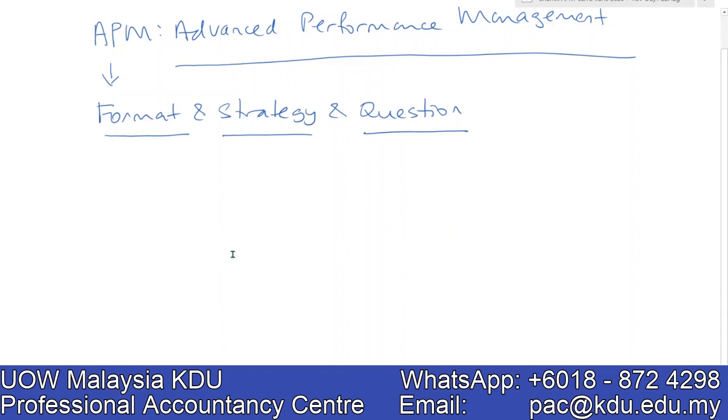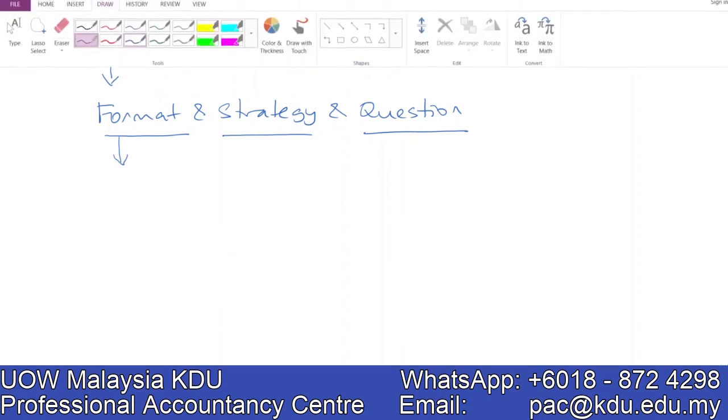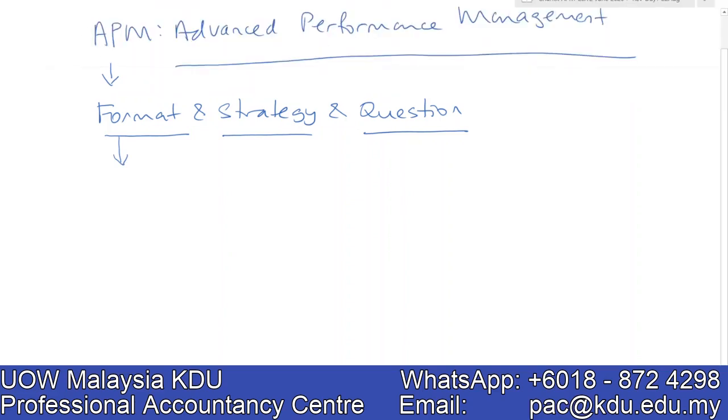As you may know, starting from 2018 onwards, the exam format of APM has remained as follows. Section A, you will have a case study question with 50 marks.